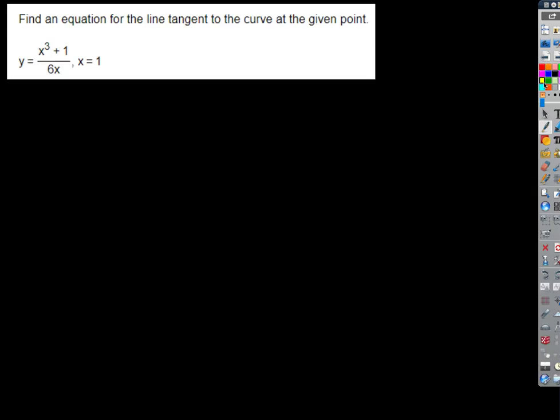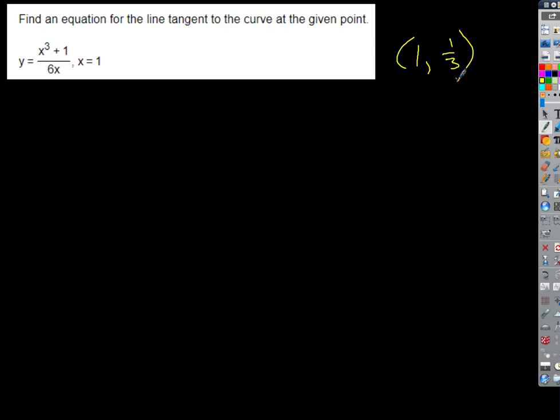Plug in x to get the y coordinate. Okay, so one thing we're going to have to do is get the other part of the point of tangency. So x is 1. If I plug 1 in, what do I get back for y? 1/3. Okay, there's my point of tangency. But to get the slope, I'm going to have to differentiate, right?